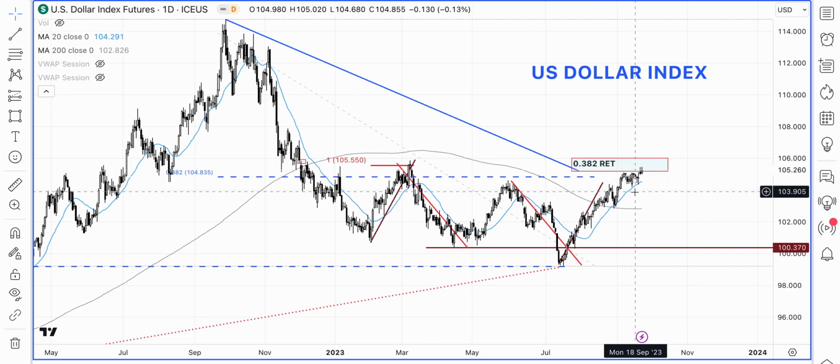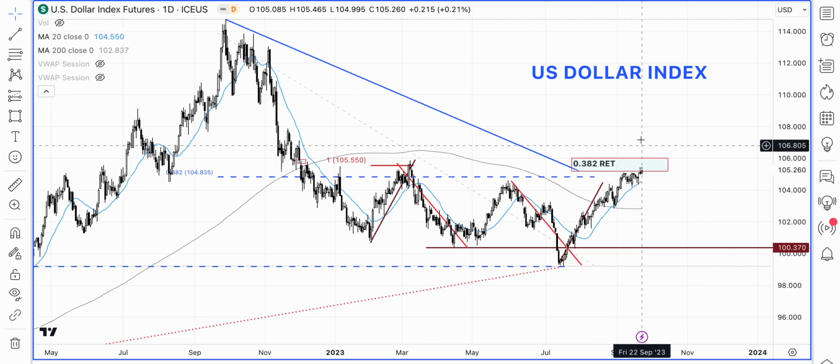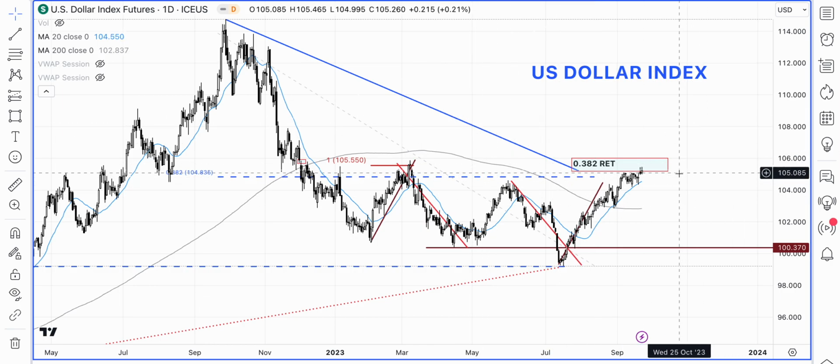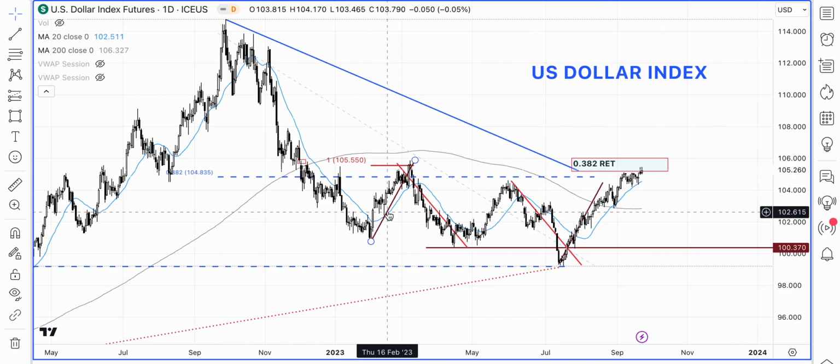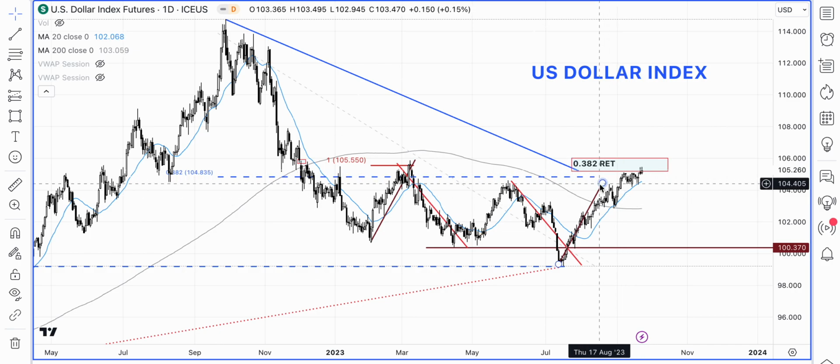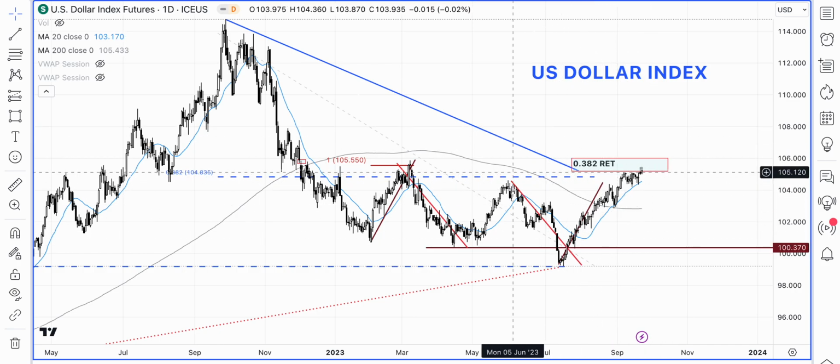Sometimes it moves lower, it touches the 20-day moving average, then it moves higher, but it's in this zone. And from a structural perspective, on the left-hand side we have a previous high here on the 8th of March 2023. Also from a symmetry perspective, it's gone above that a little bit.